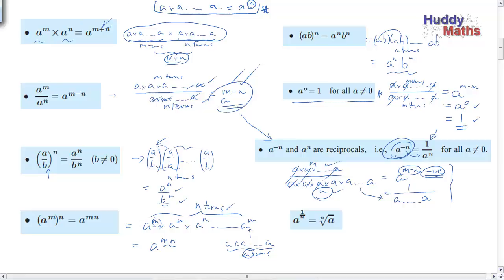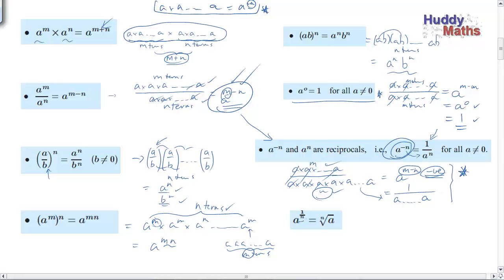Particularly this rule has given us a bit of a headache, because if m is equal to n, you get naught, so we've got to consider that. And if m is less than n, you've got this negative exponent. So we're developing the theory, aren't we? This happens quite often in maths, where you have a basic definition, and then as you work with it and develop the theory, it becomes a little bit different as we go.